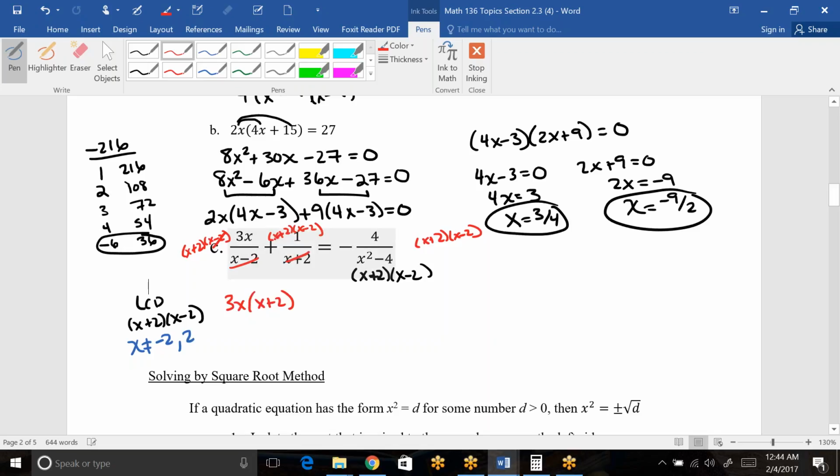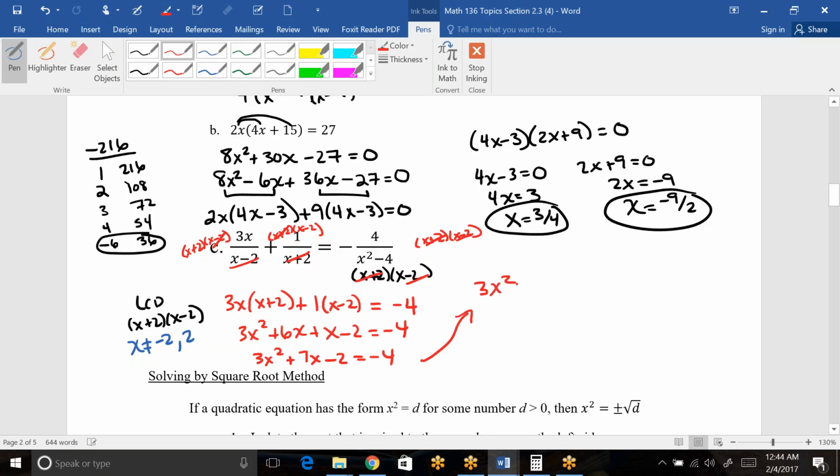In the second one, the x plus 2 cancels, and you get positive 1 times x minus 2. In the last one, both denominators cancel, but you do have a negative here, so it's equal to negative 4. We distribute. Combine like terms on this side. And it's not equal to 0 yet, so we have to add that 4 over.